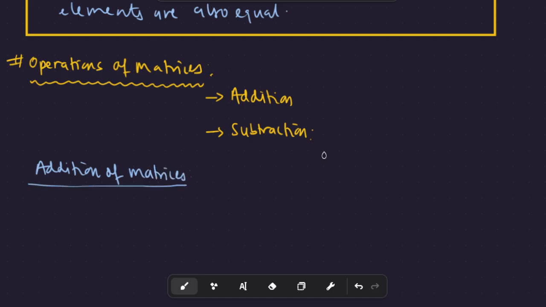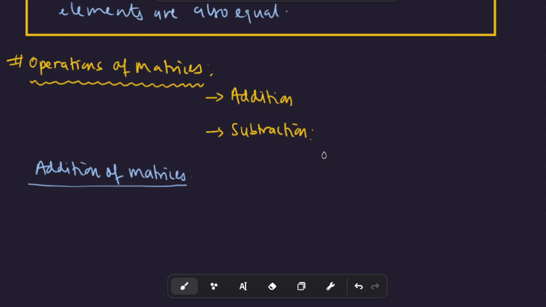Before operating any two matrices, we should check whether those two matrices are compatible for that operation or not. Whenever we are provided two matrices for addition, we have to check whether they are compatible for addition or not.